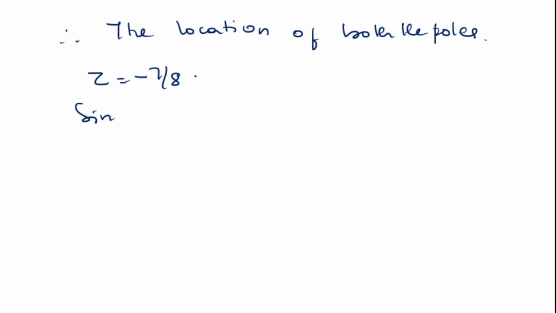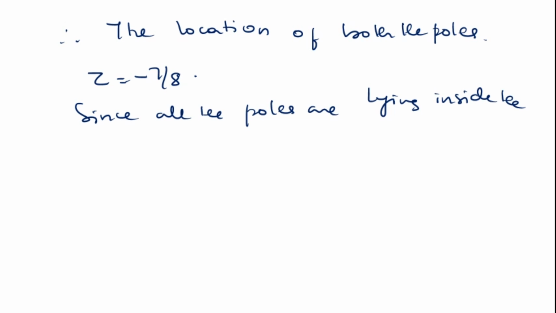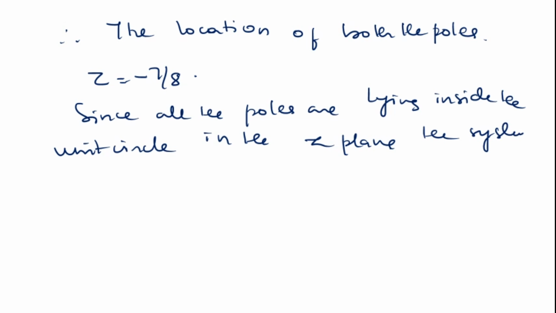Since all the poles are lying inside the unit circle in the z plane, the system is both causal and stable.